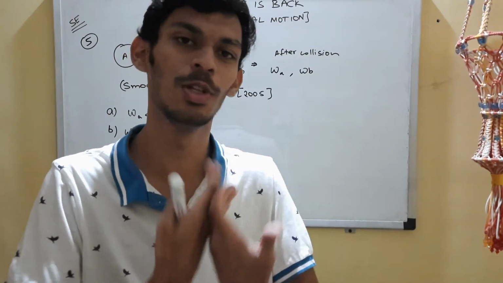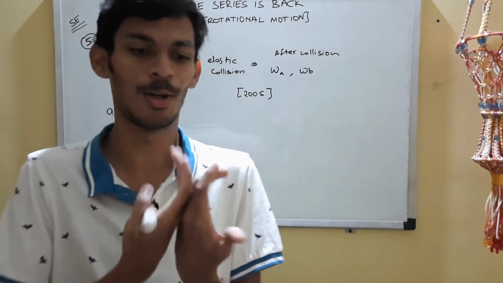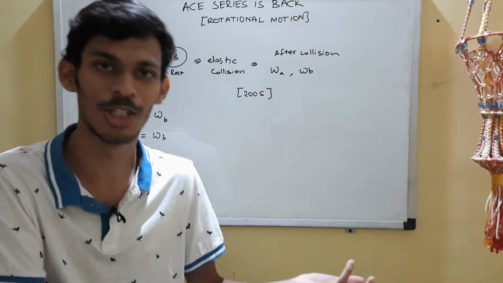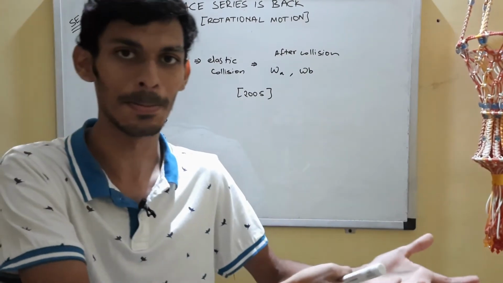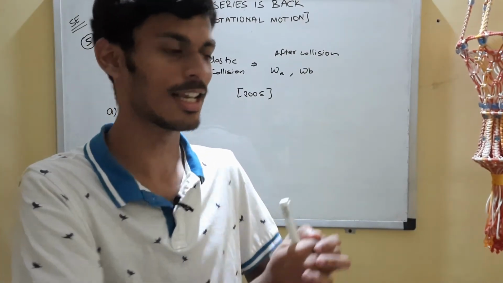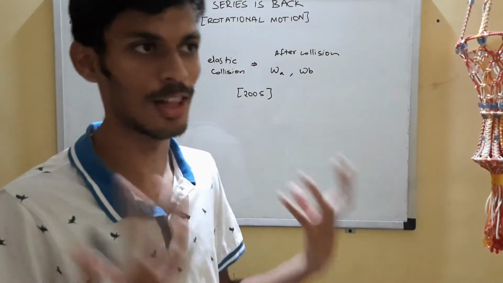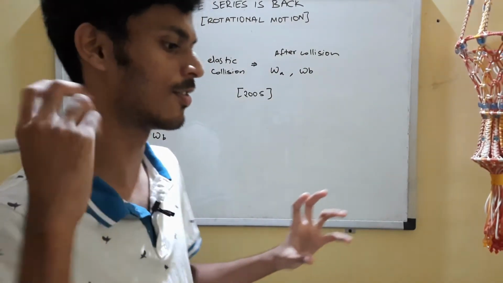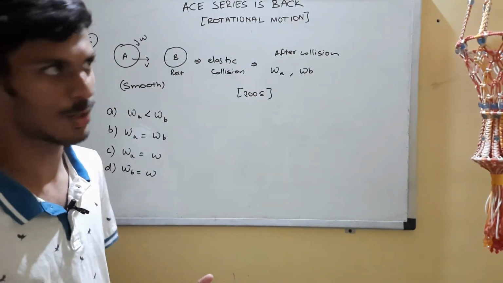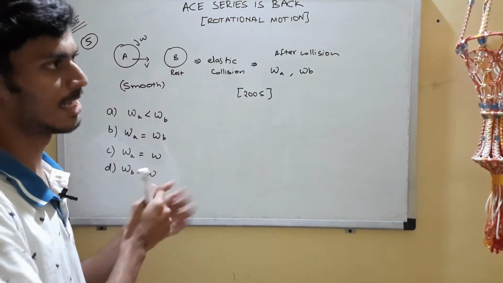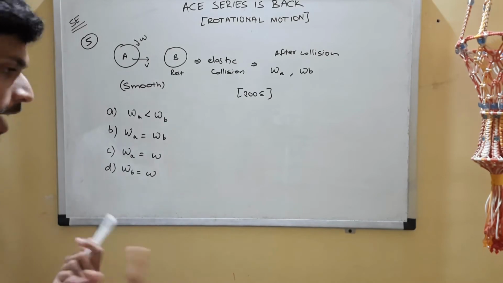But since they are smooth, sphere A cannot induce rotational motion in sphere B, and sphere A will continue with the same angular velocity. The angular velocity of sphere A will not change, although the translational velocity will be exchanged.